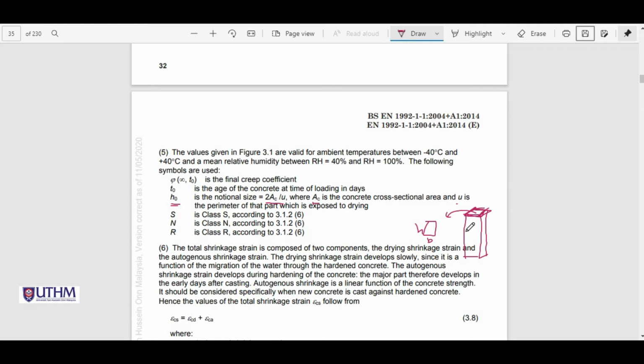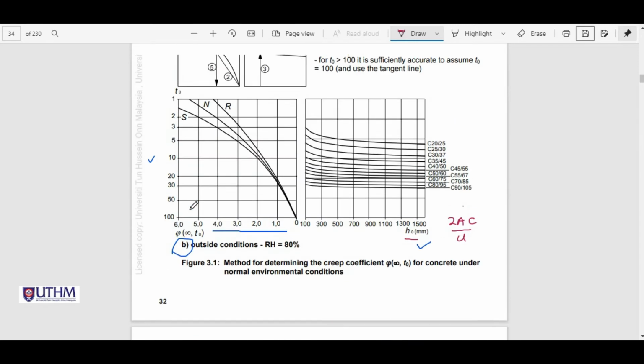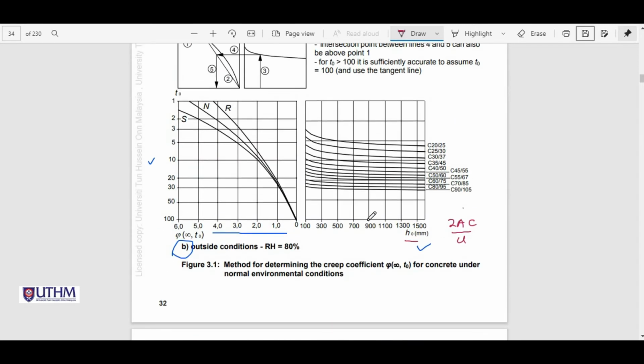So this is the perimeter from this plus this one plus the back and this side. All of this perimeter is u. You calculate the notional size. Let's say the answer is 900. Then draw a straight line upwards and stop at the concrete strength for your design.